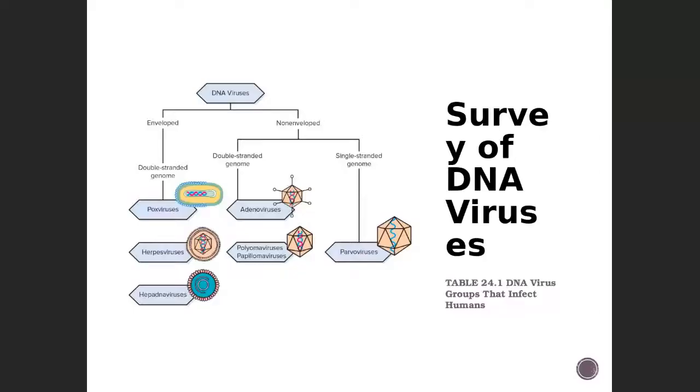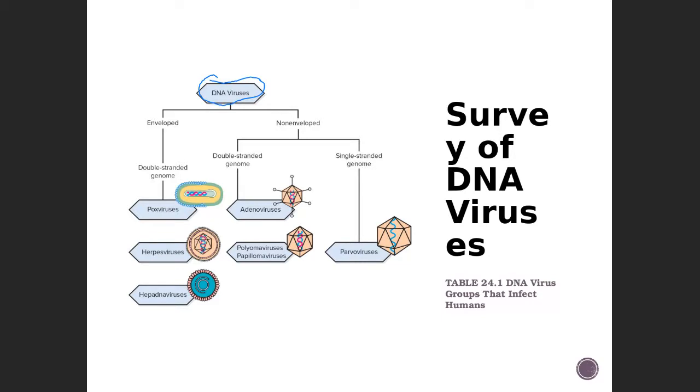Okay, so remember again this chart. DNA viruses that infect human. Remember, because human is animal, therefore these viruses will be considered animal viruses, viruses that infect animals, including the human.